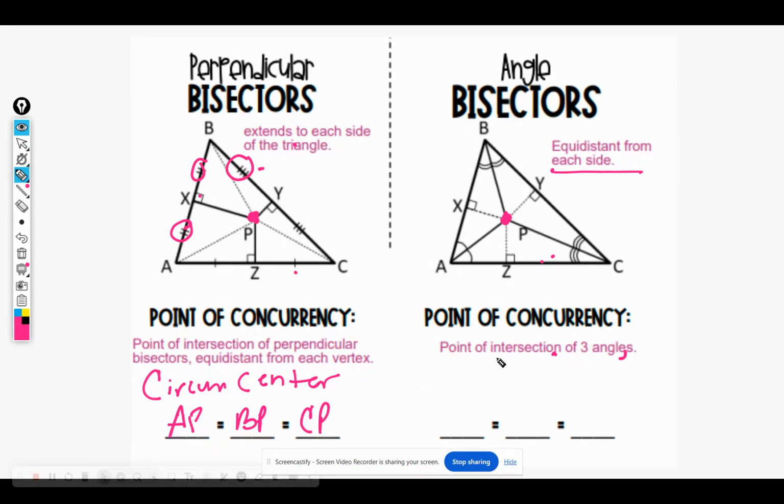So the point of intersection of the three angle bisectors will be this dot here, and it is called the incenter. And with that we have XP is congruent to YP, which is equal to ZP. Okay, we have all those parts. All right, pause it if you need to, copy that down.